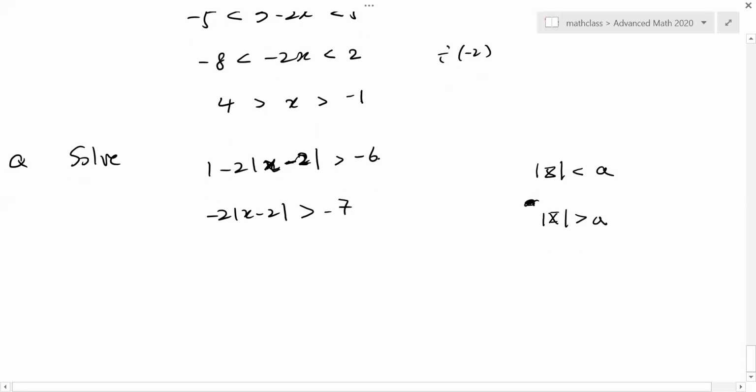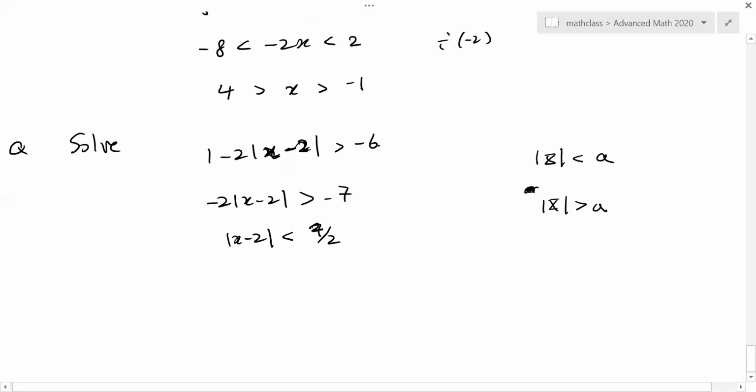You have to divide both sides by -2. When you divide by -2, you will get 7 divided by 2, so 7/2. Be confident, okay? All right, so the absolute value of x minus 2 is less than 7/2.